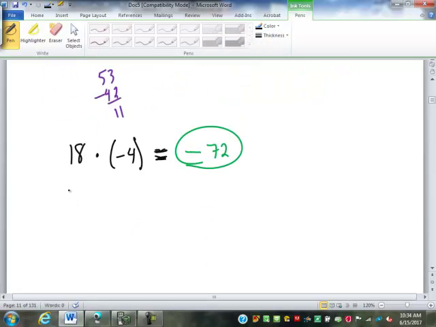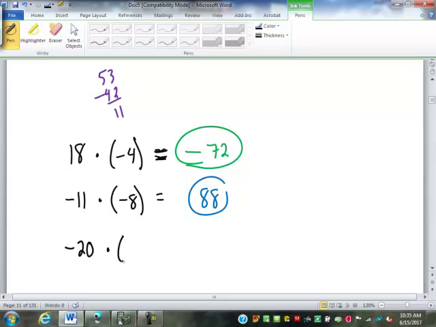Or we could have a negative 11 times a negative 8. Do we expect this answer to be positive or negative? Positive. A negative times a negative is a positive. 11 times 8? 88. Or we might have negative 20.